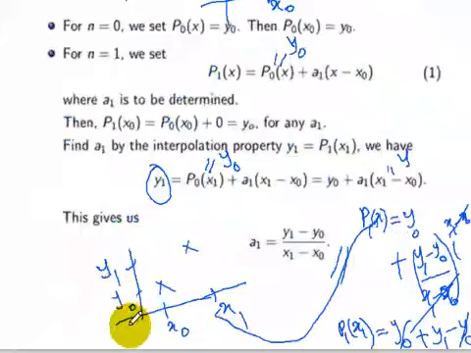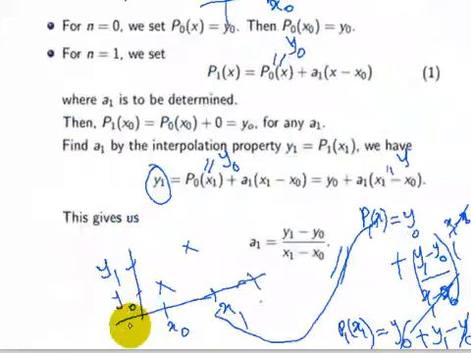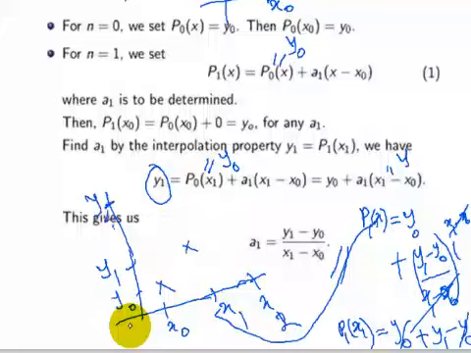Now suppose you want to add another point, say x sub 2, and the corresponding y value is y sub 2, and this point, right? You want to include this one, right?